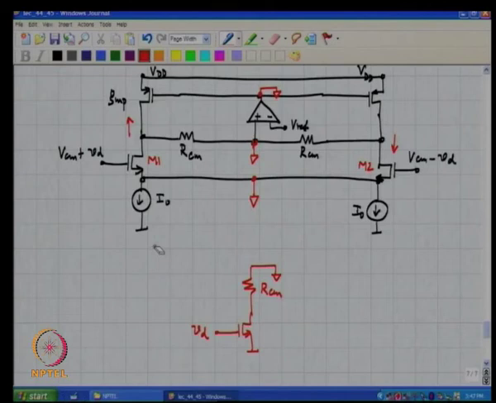So, if you want to get a lot of differential gain, can you comment on the size of RCM you need to choose?